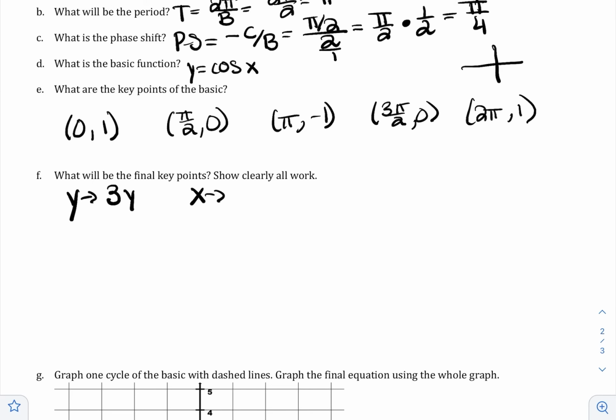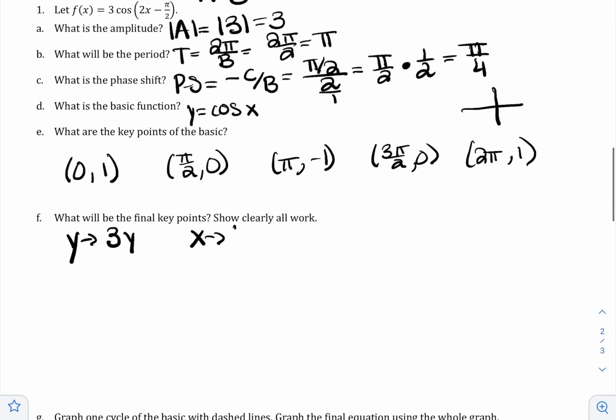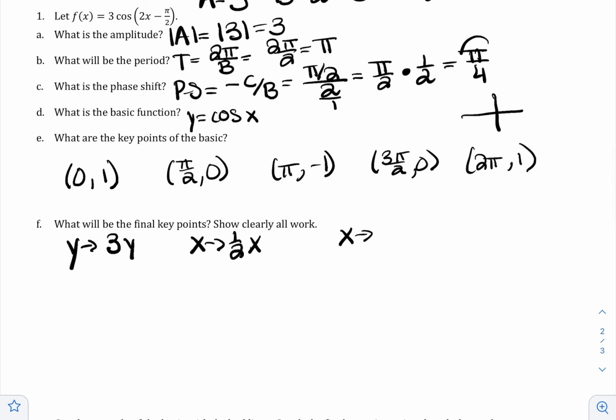Then I'm going to apply the reciprocal of b. Because b is 2, I'm going to multiply the x's by 1/2. And last but not least, I'm going to apply my phase shift. My phase shift is a positive pi over 4, so I add pi over 4.